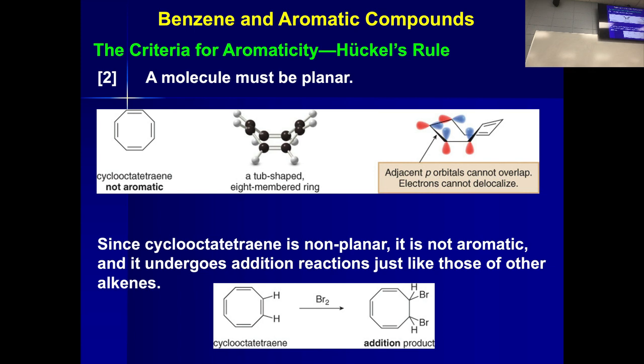Just holding that in my hand and barely moving it, it wants to pop into this boat shape or tub shape. Okay? Is that planar? It is not. So here's an example of something that looks like it might be aromatic, but it isn't planar. So it can't be. And in fact, if I took cyclooctatetraene and reacted it with bromine, guess what? It would react, suggesting that these things are nothing more than double bonds. Okay?